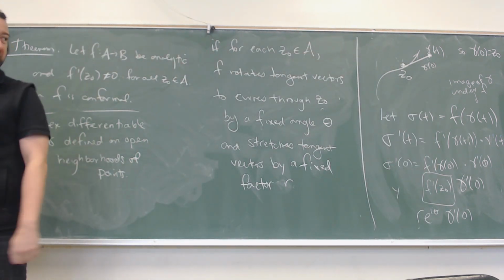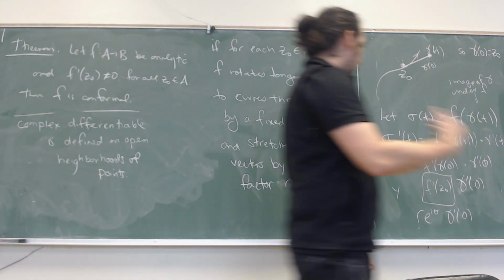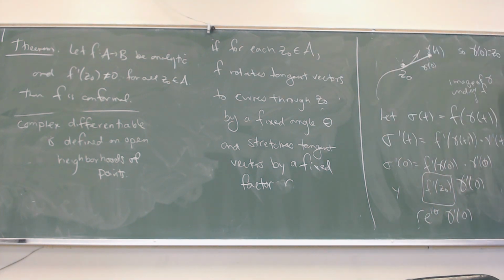Why is that in there? Well, if f prime of z naught was equal to 0, this chain rule formula tells you nothing, right? It's like the f ate all the information about gamma up, because when you took the chain rule and evaluated it, you have no idea what gamma prime of 0 is. Because if that's equal to 0, it destroys anything that you know about gamma prime.